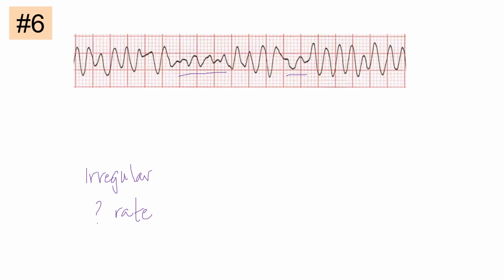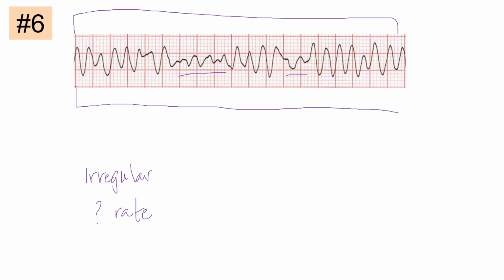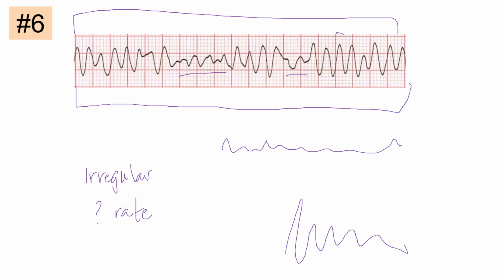Okay, so what rhythm is this? It's actually missing the other boxes up here because this has low amplitude. What I mean by that is that this is a very squiggly line like this. It doesn't go up big like this, and it's kind of deceiving in this strip because the strip cuts off here.